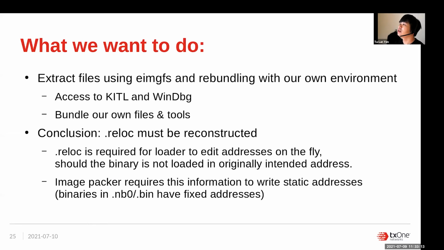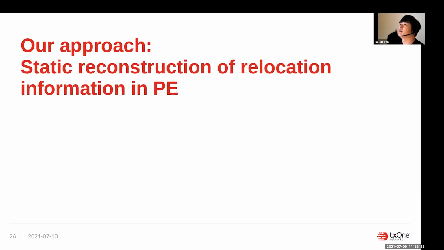So, to achieve what we want to do, we came to some conclusions. We must reconstruct the relocation directory as it is required for us to bundle the image into our custom image. We then came up with how to actually implement our approach.